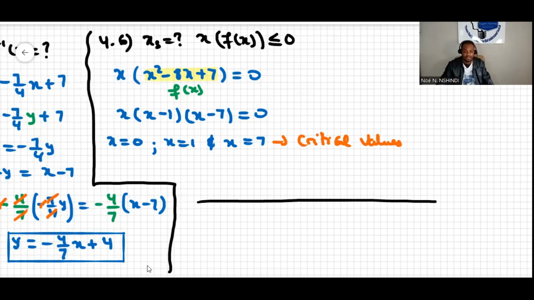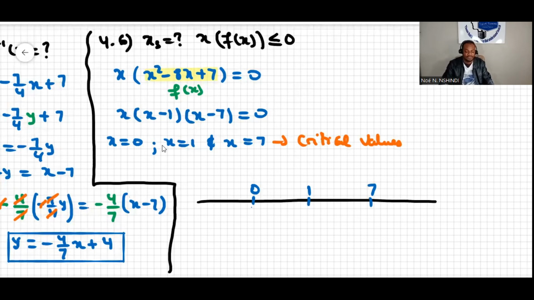x times f of x is less than or equal to 0. Now let's see. We need to put the values in ascending order: 0 here, 1 there, and then 7 there.